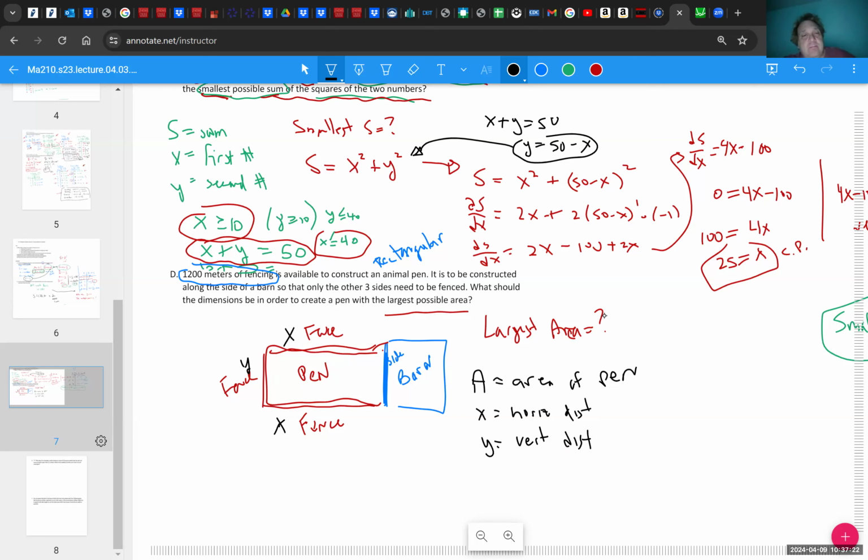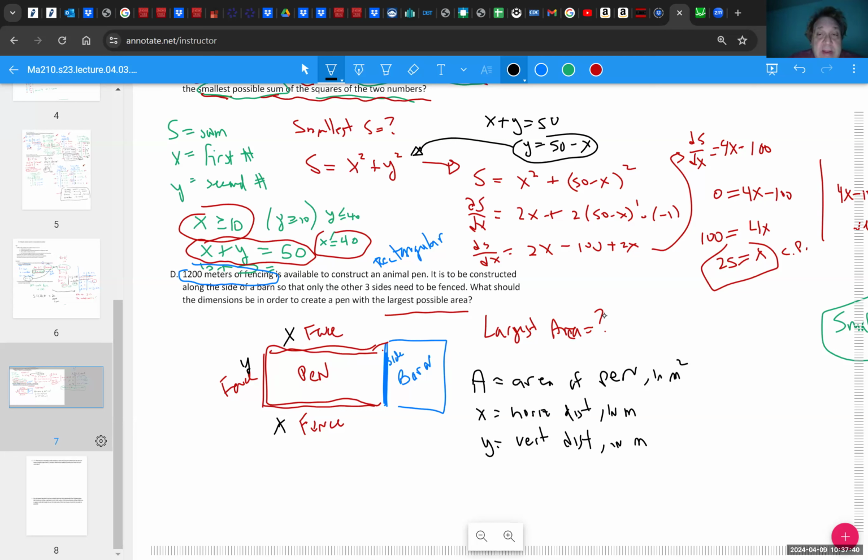And I do believe they're all measured in meters because we talked about meters. So I'll just say in meters. And area is measured in square meters. So that may come up later when we're trying to write out our answer. So I'll just keep track of it now.